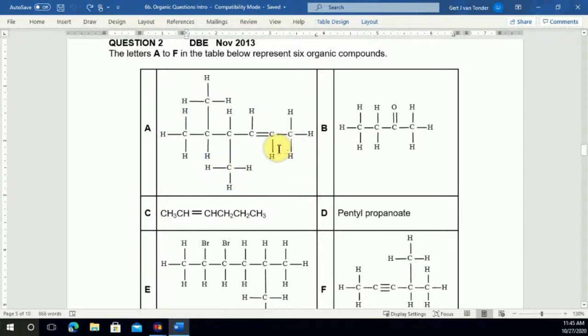On carbon number 4 there's a methyl, on carbon number 5 there's a methyl. So the name is 4,5-dimethylhex-2-ene. Right, then we have to name number E.